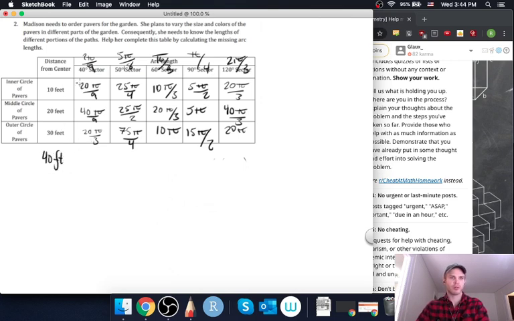So that will be 80 pi over 9. And this is the same formula as before. This is going to be 25 pi. This is going to be 40 pi over 3. This one's going to be 100 pi.